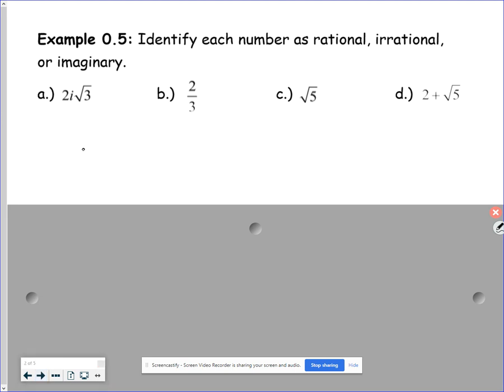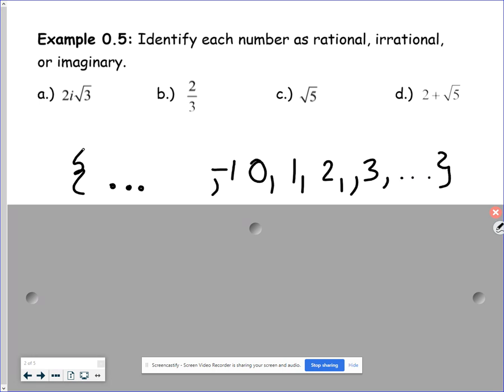And if you forgot what integers are, well, there's 0, 1, 2, 3, and so forth. And they're opposites. So to be rational, that means you can write it as a fraction using only these numbers.